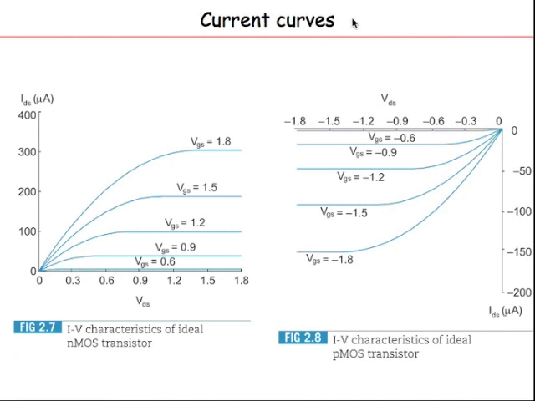In the case of PMOS, VGS has to be less than the VT. So the gate has to be less than the source. When the gate is negative, it will basically pull the holes. Like in NMOS, when the gate is positive, it pulls the electrons. In the PMOS, the gate is negative with respect to source, and it pulls the holes.